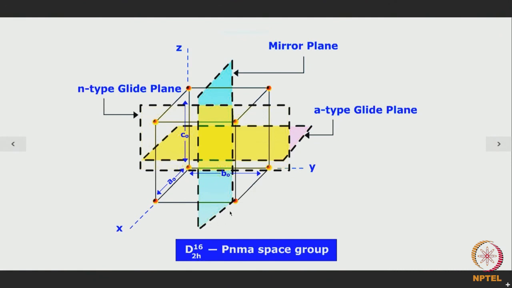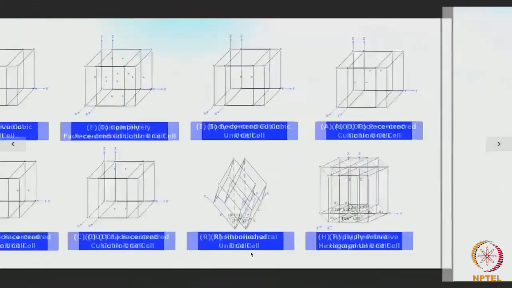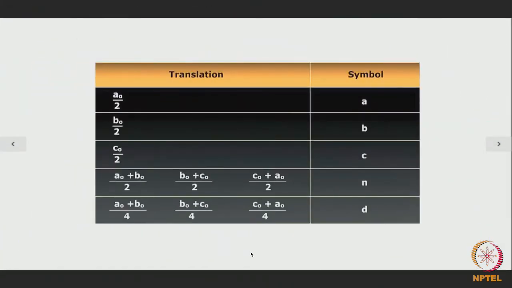So, if these are the elements involved over here, then the space group can be written as the primitive lattice P, then n stands for an n type glide plane, m stands for a mirror and a stands for an a type glide plane. We have already seen that glide planes can be denoted in different ways.